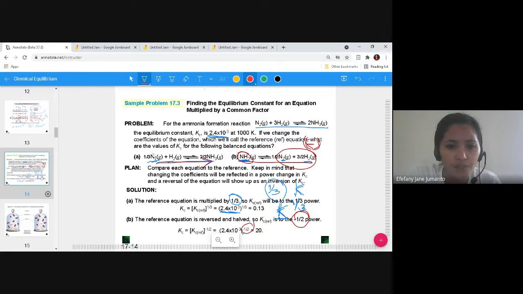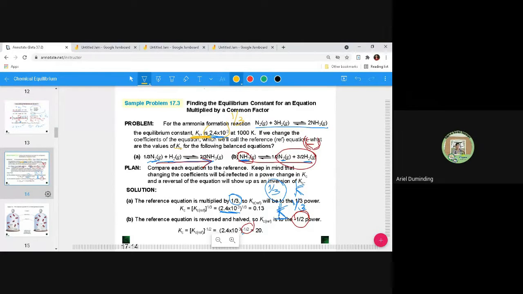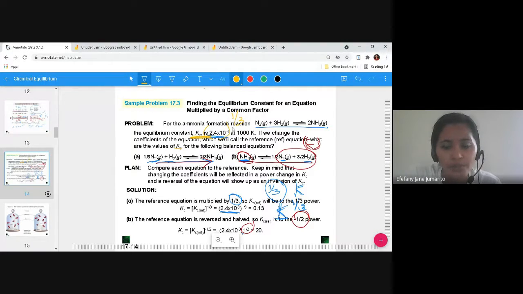So the factor here will be 1/3. If you are given the value of your KC, the new KC will just be the value of the KC raised to the power of your factor, 1/3.